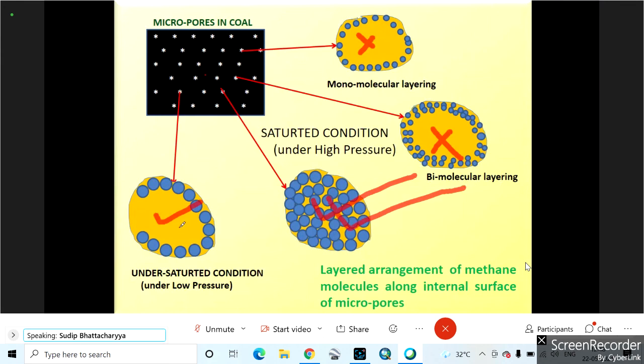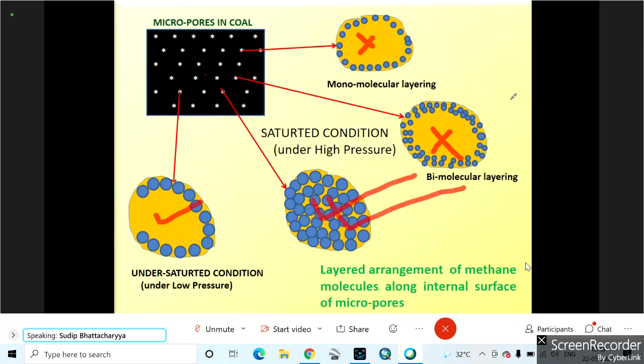So more and more methane molecules saturate the micropores, and this is an index, called the saturation index. That saturation index tells you at what level the micropores are saturated, and at what level the gas can be utilized for prospective and utilization purposes. So the arrangement of methane within the micropores is very important.